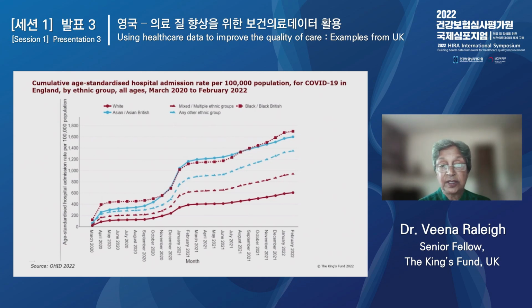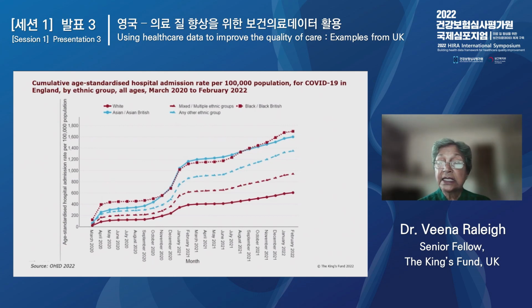So the lowest line at the bottom, which is the red line with the dots in it, is the admission rate for COVID-19 in the white population. And above that are the admission rates for other ethnic groups, the Black groups, the Asian groups, which includes Indians, Pakistanis, Bangladeshis, and so on, and also South Asians, Chinese, and so on.